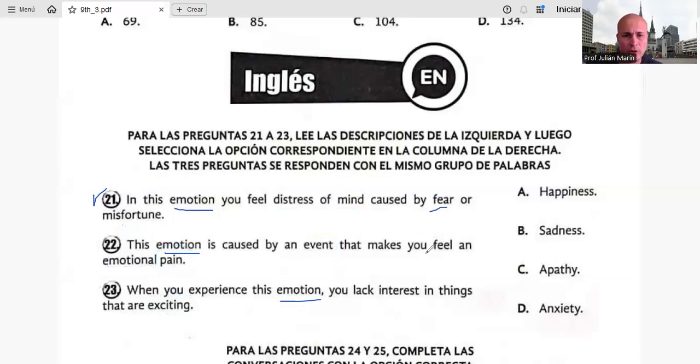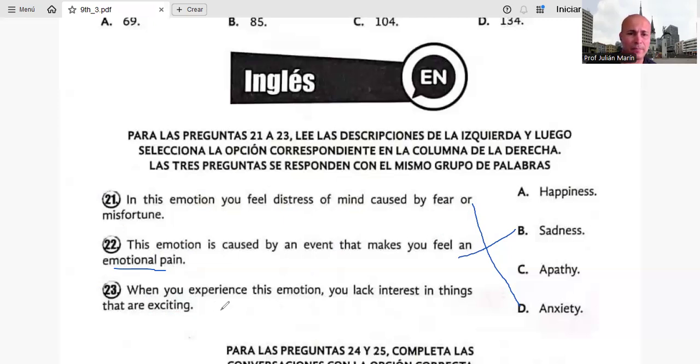Let's erase this. First, in this emotion, you feel the stress of mind caused by fear or misfortune. That would be anxiety. The second one, describing an emotional pain, is more accurate with sadness.